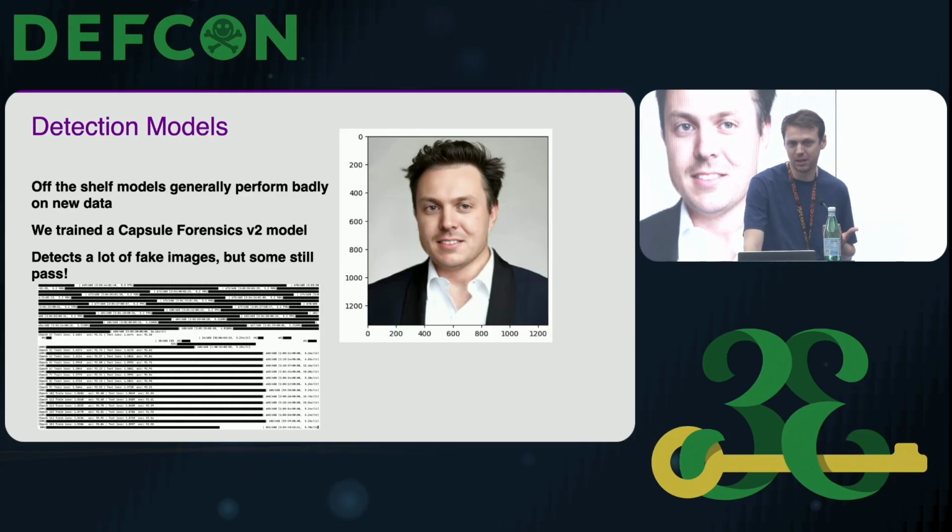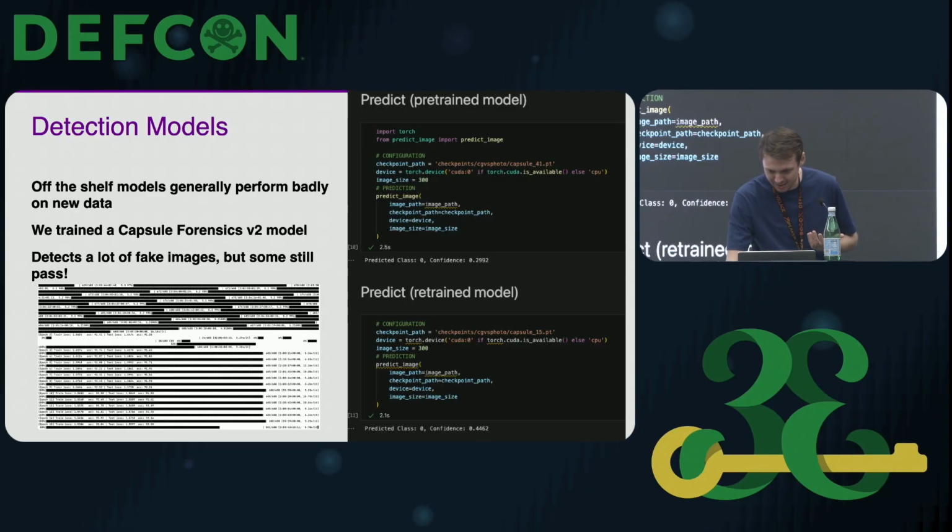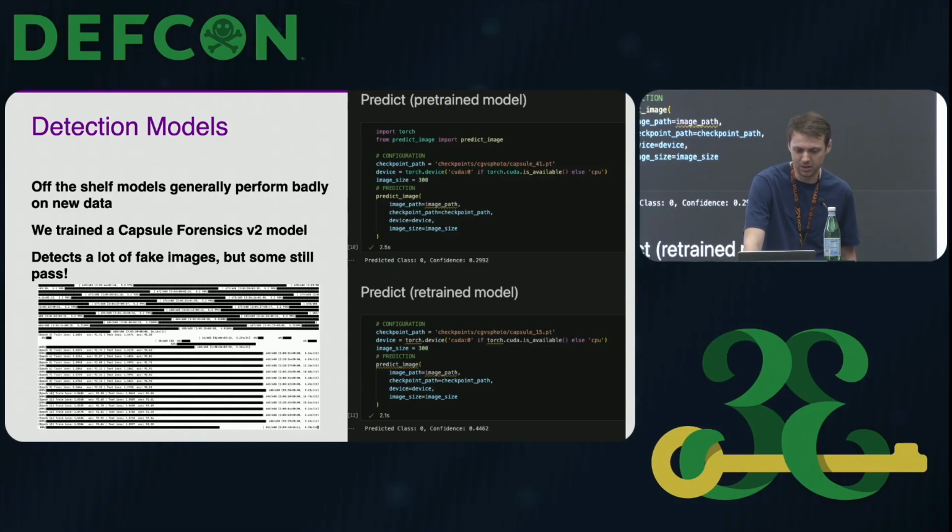So we took a picture of my face mapped onto Elon, and 0 for the class here means it thinks it's genuine. The initial model we took off the shelf said it was genuine with like a 30% confidence, and even with our retrained one, it still couldn't detect that it was a fake image.